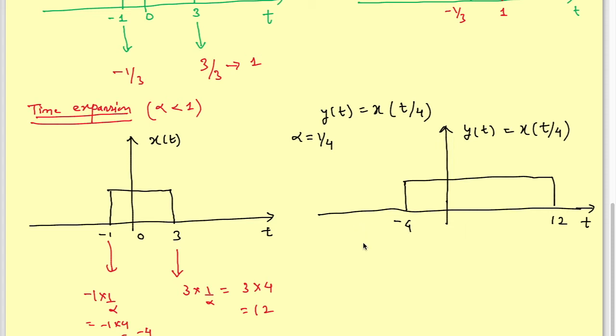So this is time expansion, where alpha is less than 1. Now let us take a problem, that is y of t is equal to x of minus t plus 3. Now my x of t looks something like this.